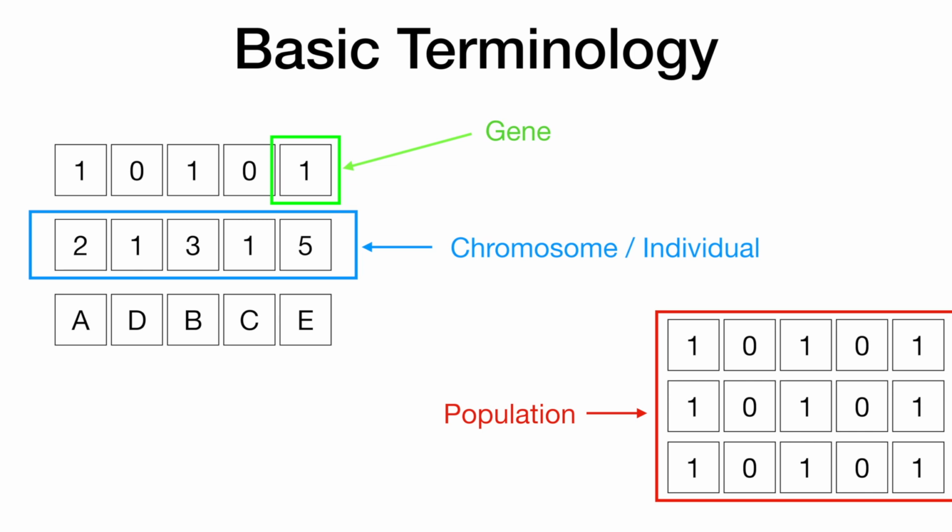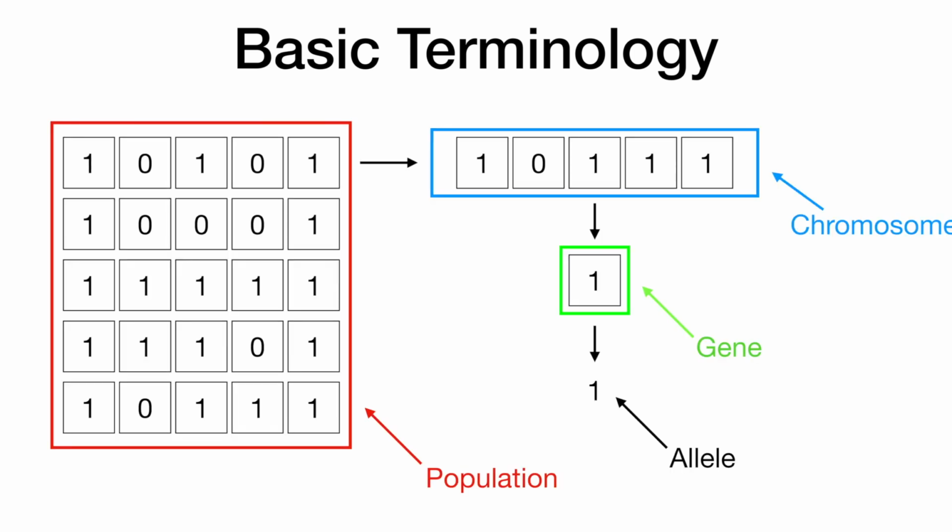Each element of this array is called a gene, because just like in our DNA, each gene is responsible for some feature, like the length of our hand or the shape of our eye, and so on. So we have a whole population which contains all chromosomes, and each chromosome is an array of genes.